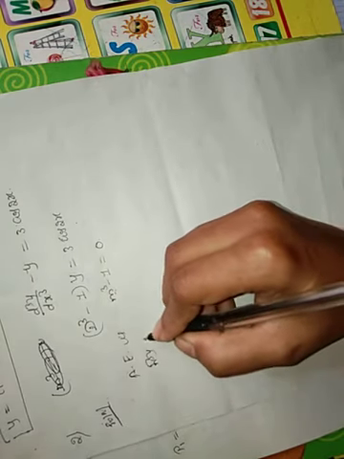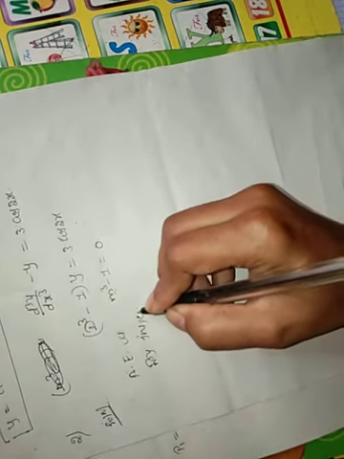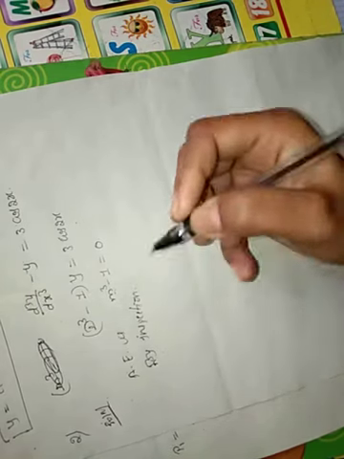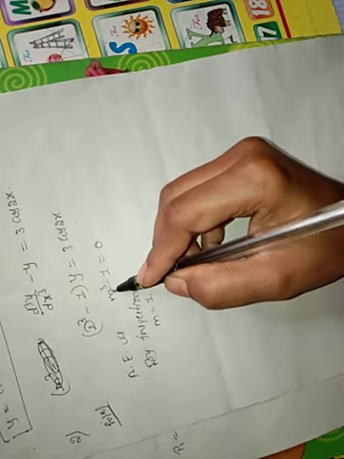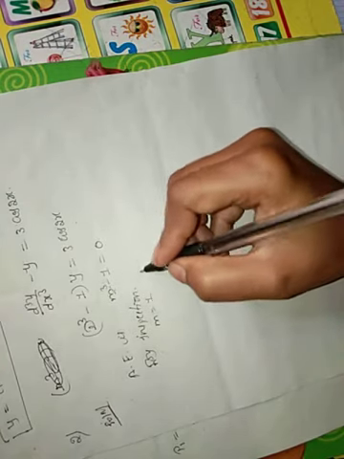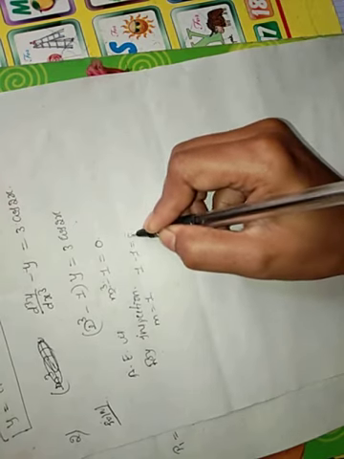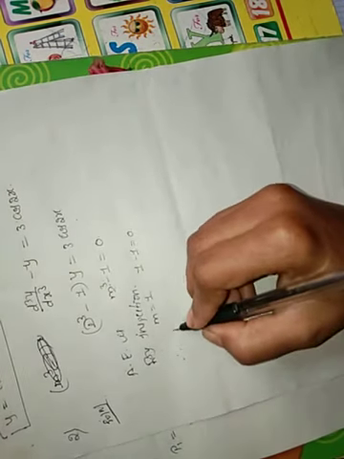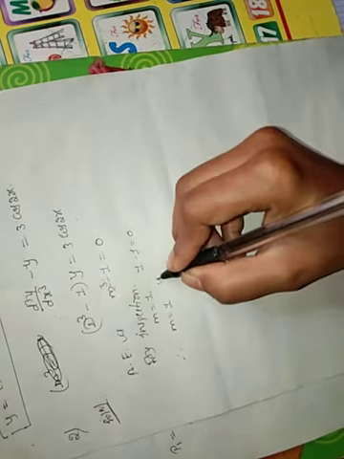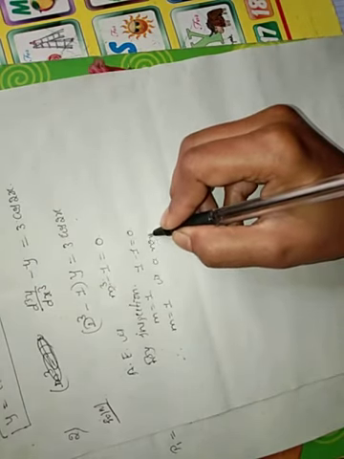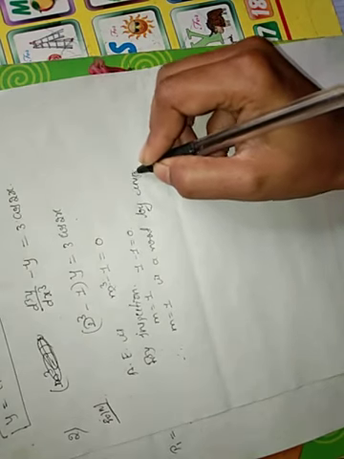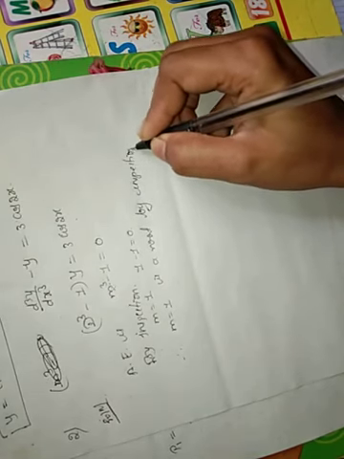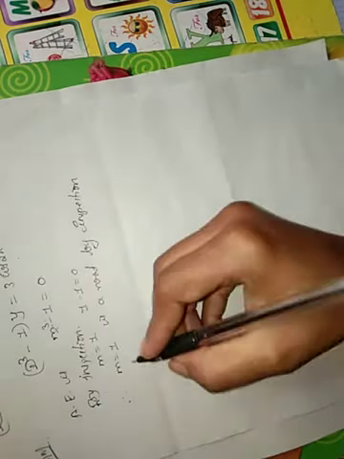So by inspection, take m equal to 1 first. If m equal to 1, 1 cube is 1, 1 minus 1 equal to 0. Therefore, m equal to 1 is a root by inspection.